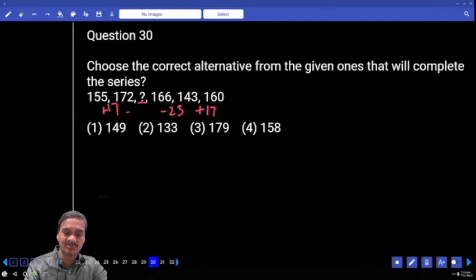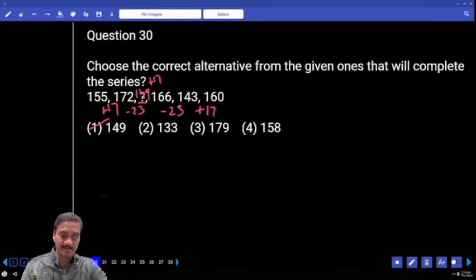Let us take minus 23 here. If you take minus 23 from 172, 12 minus 3 is 9. What is your answer here? 149. Now check whether it is plus 17 or not. 149 plus 17 is 166. Hence alternately plus 17, minus 23, plus 17, minus 23, and so on. Finally 149, choice 1, question number 30.